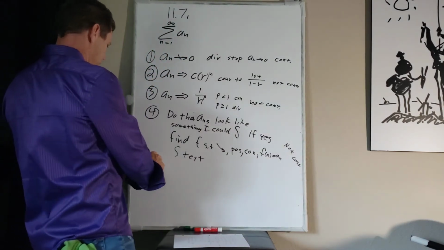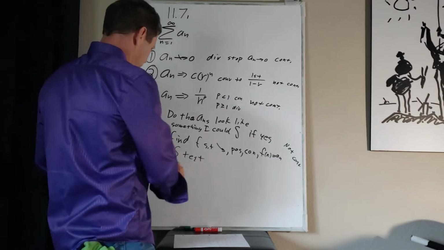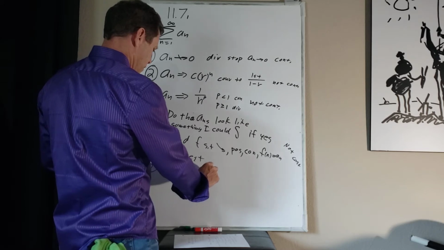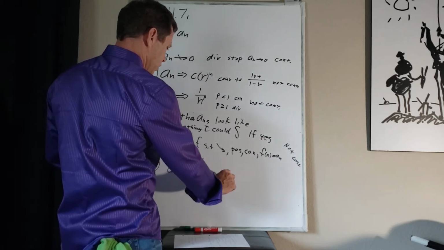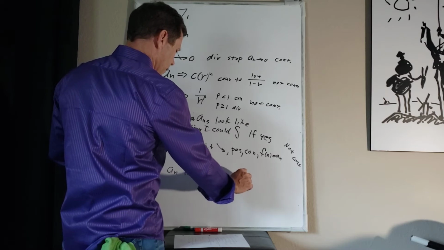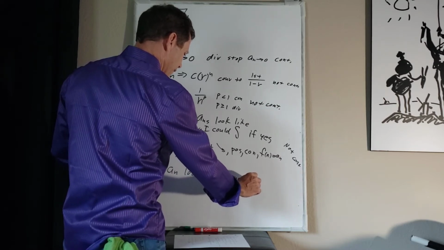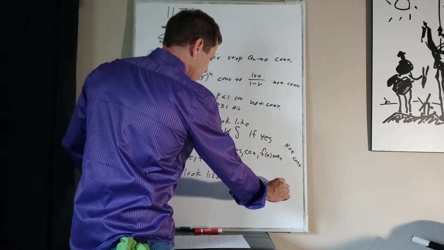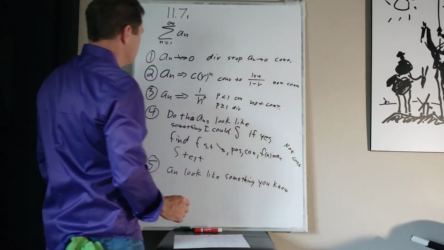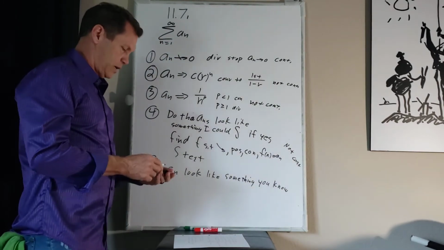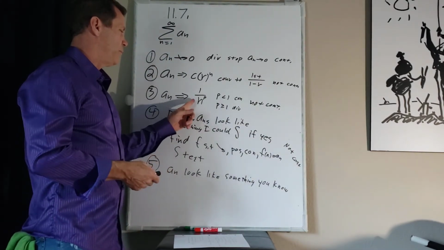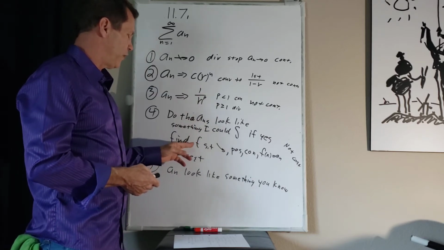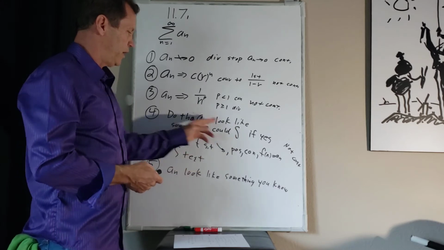Okay, so fifth thing you look at, does AN look like something you know? Do the AN's kind of look like a p series, or a geometric series, or something you've already worked with when you did the integral test?